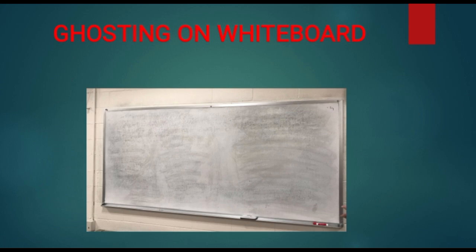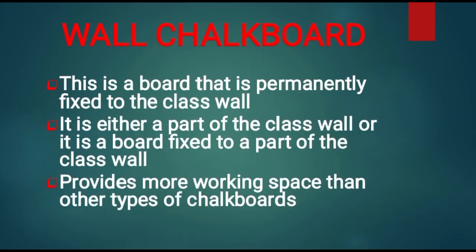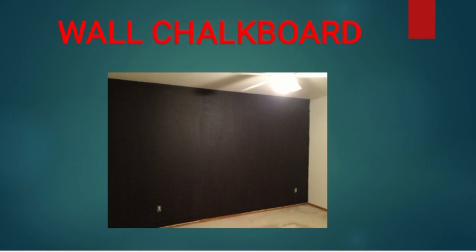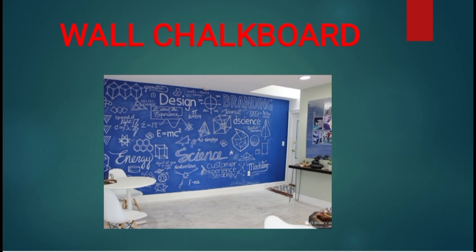Then we have the wall chalkboard. The wall chalkboard can be any type of board: white, green, blue, red, black, and all that. Magnetic, interactive, and all that. But we call it wall chalkboard because it's a board that is permanently fixed to the class wall.